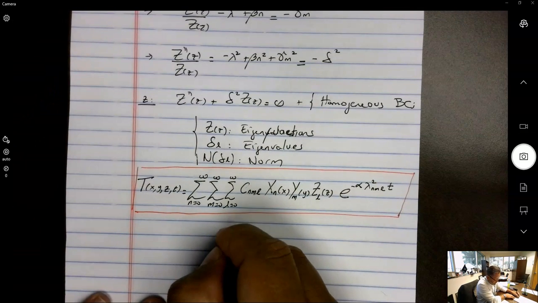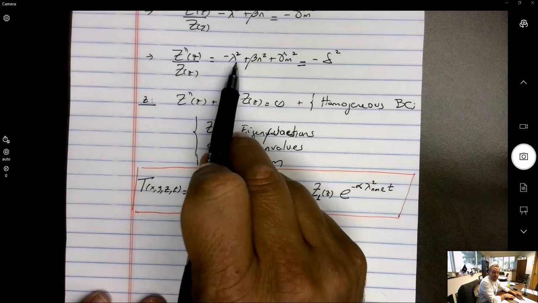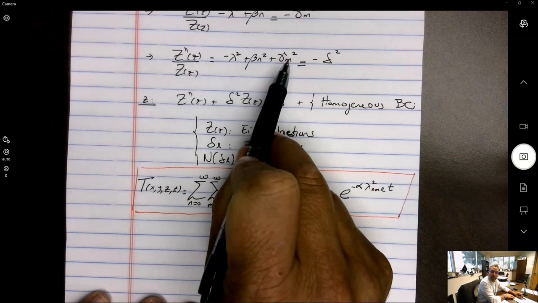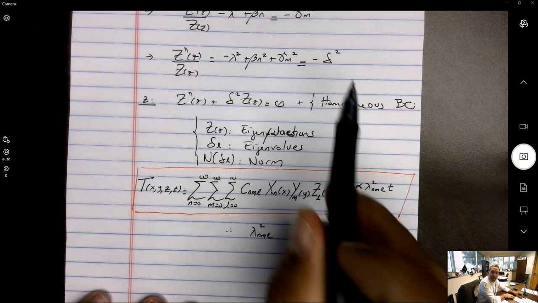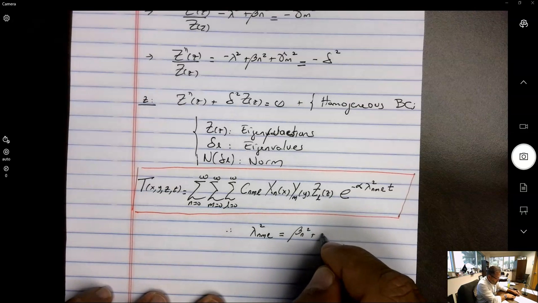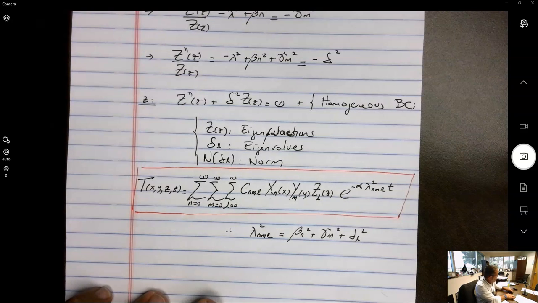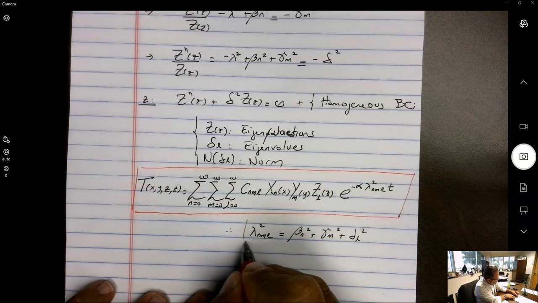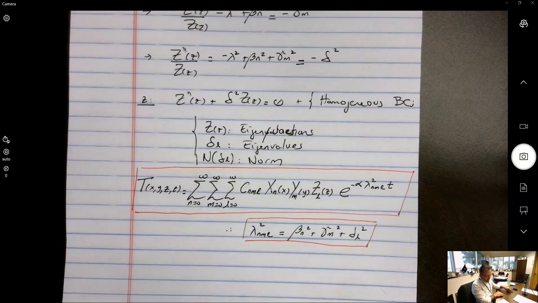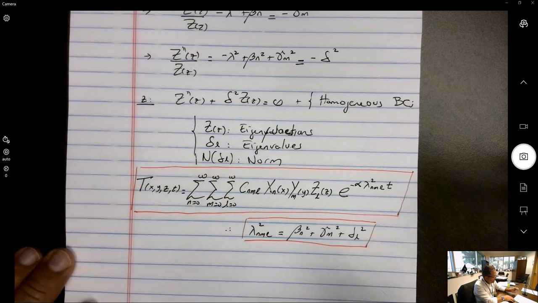Such that lambda_nml squared, which you can see here, you can solve for, is equal to beta n squared plus gamma m squared plus delta L squared. And the constant of integration, C_nml, is found by implementing the initial condition.